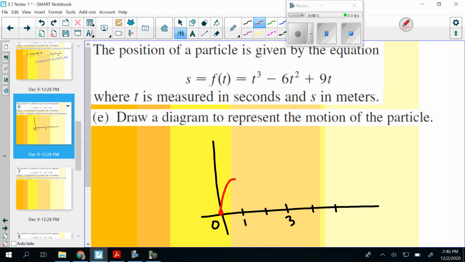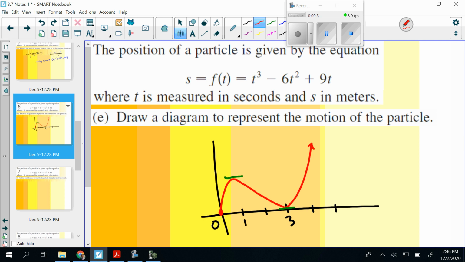At 1, we know it's going to change direction because for a moment it's at rest, meaning our rate of change, or our slope, is 0. It's going to decrease till 3 seconds. And then at 3 seconds, again, we have a change of direction. And then it's going to increase again, or move in the positive direction.